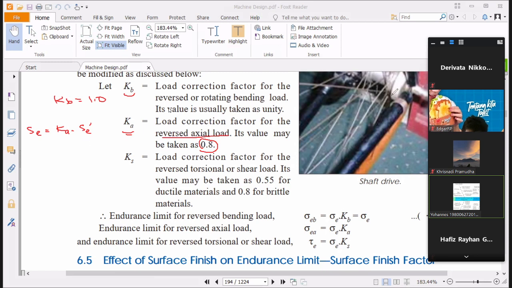So you have to remember that all the factors always less than 1 means that it reduces the strength obtained from the laboratory.